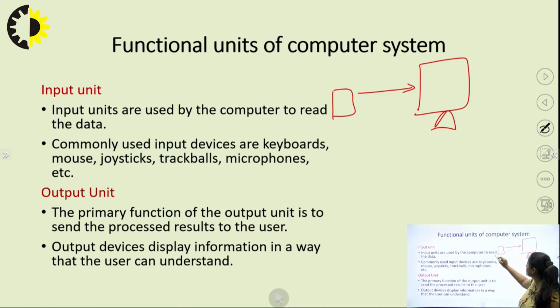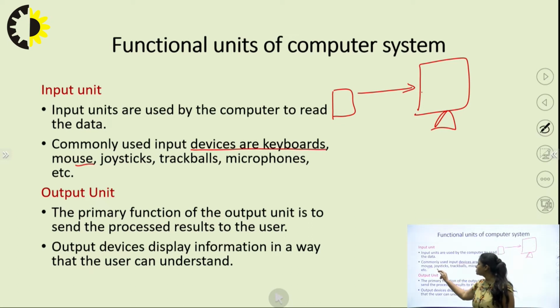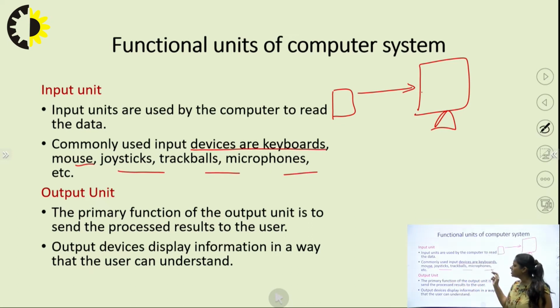So it has to use the input unit to get data from the user or any other device. Commonly used input devices are keyboards, mouse, joystick, trackballs, and microphones. I think you are all aware of these and have already worked with them, so you have a small daily life connection with these input units.